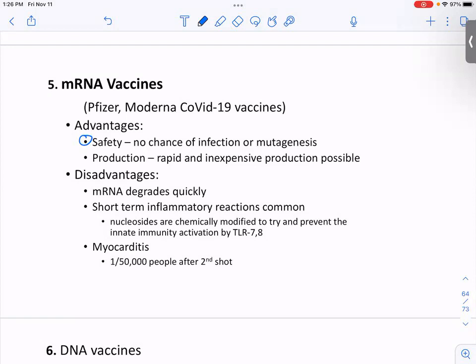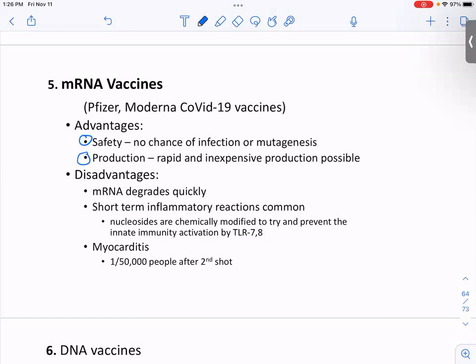And production is really quite quick and inexpensive. If I remember right, in 2020, in the early spring, when they were just kind of figuring things out in March, they came out with the sequence of that coronavirus. And within a couple of days, they had made an RNA vaccine against it.